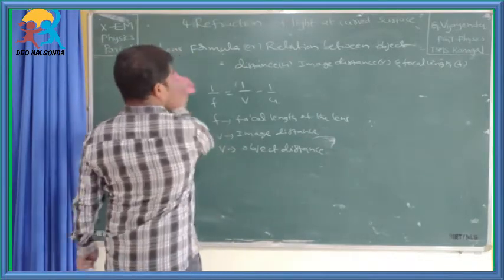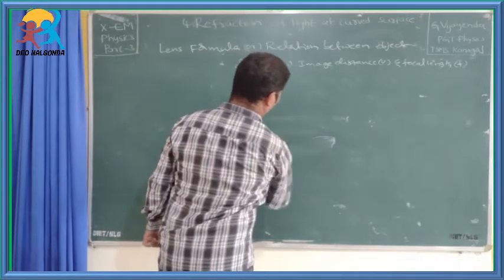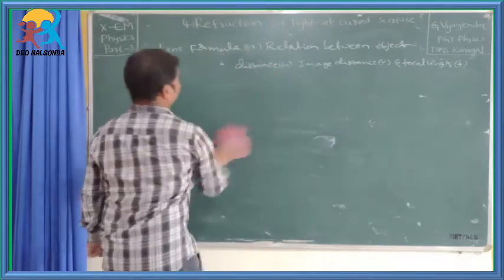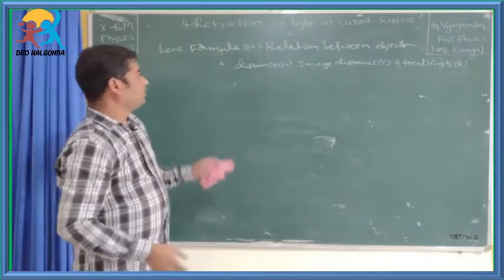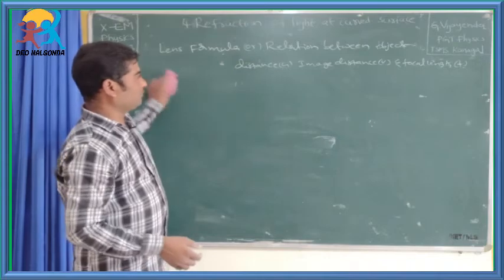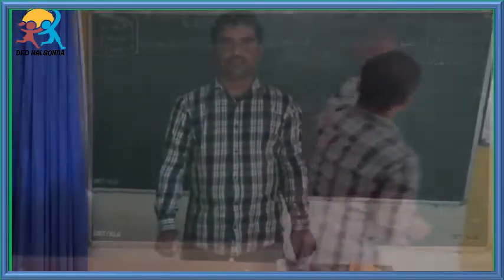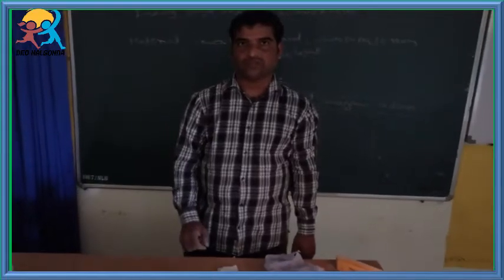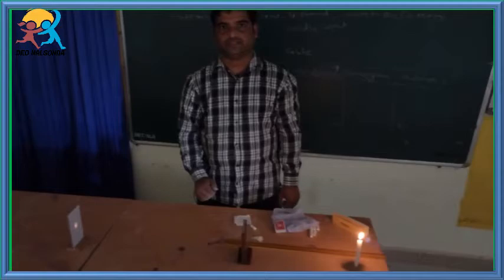Next, we are going to find the focal length of the convex lens, by observing the image formed by the convex lens. Now we do the experiment to find the focal length of the convex lens.